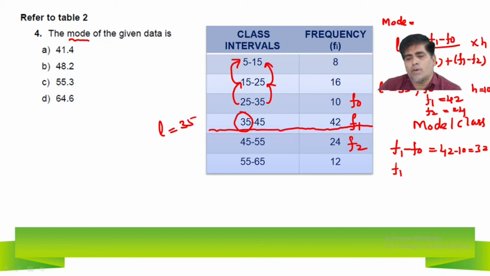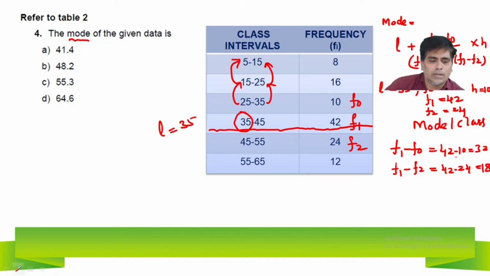I will find one more value, F1 minus F2: 42 minus 24 is 18. So these are the values. We have already simplified this, and we will reuse it in the formula.